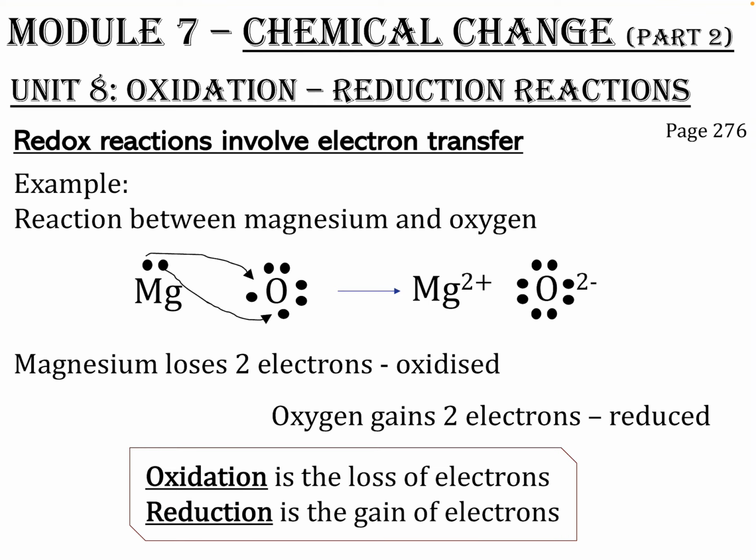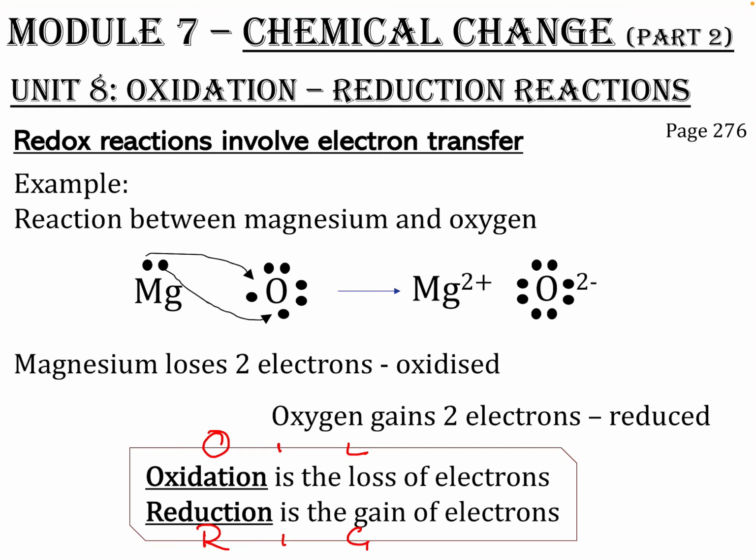So you can learn this as OIL RIG. So oxidation is loss of electrons, reduction is gain. Okay, either way, it doesn't matter as long as you remember it, and that's what makes sense.